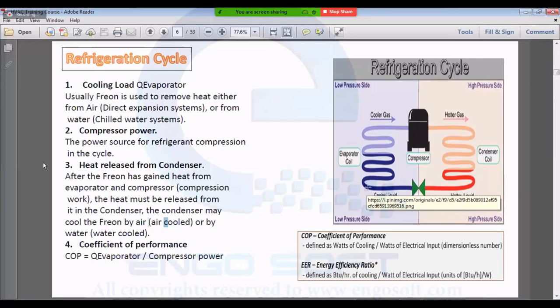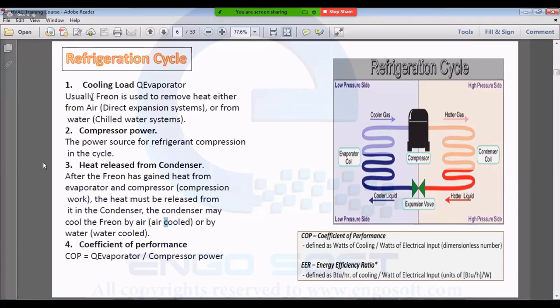Why do we use a refrigeration cycle? It's used to get cold air, to cool the air. So we use this cycle to remove the heat from the space, right? So what is the important term in the cycle? The important term is the heat extracted from the space. Okay, this is the Q evaporator.